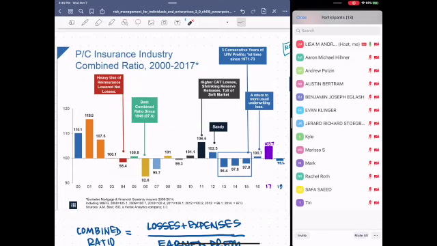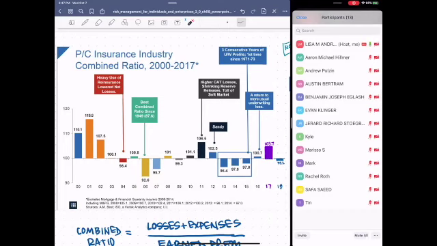And then you can see, holy cow, there's some seriously good combined ratios in 06 and 07, which again means fewer losses for every dollar they took in. They were only spending 92 to 95.7 cents on the dollar in claims and expenses. So they had a little bit of breathing room and so on.